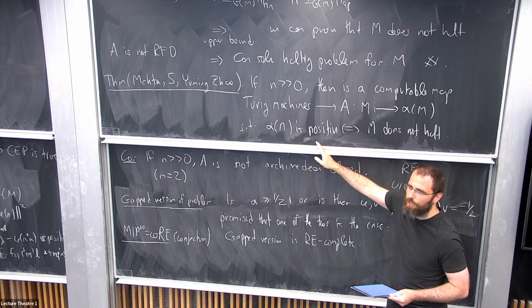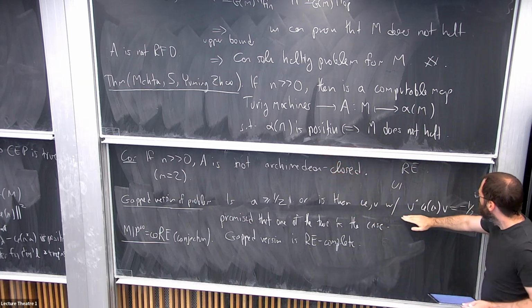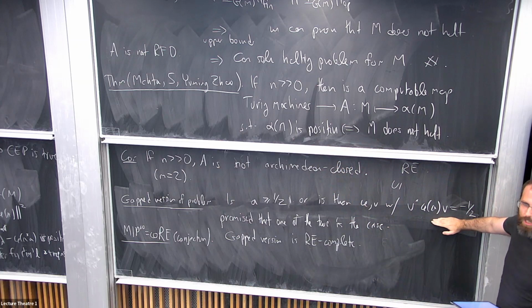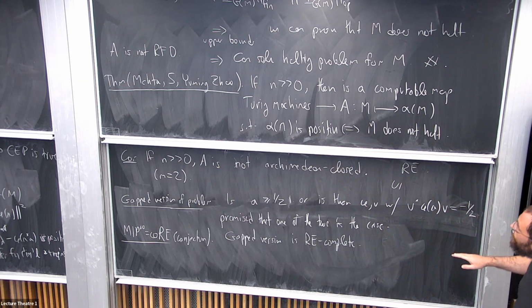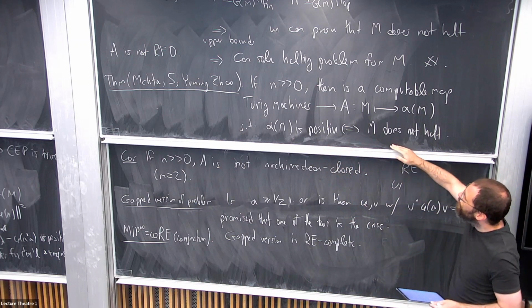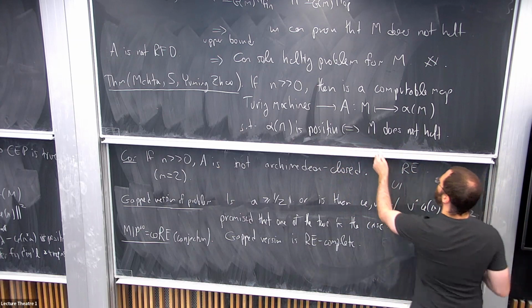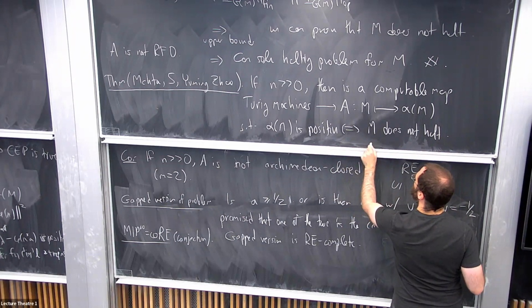So you can make the negative eigenvalue be like 1 over the halting time. You can have a very small negative eigenvalue, and that's a lot easier to construct than something with a gap. But on the other hand, the gap version can't do that. So this is saying that this problem is co-RE hard.